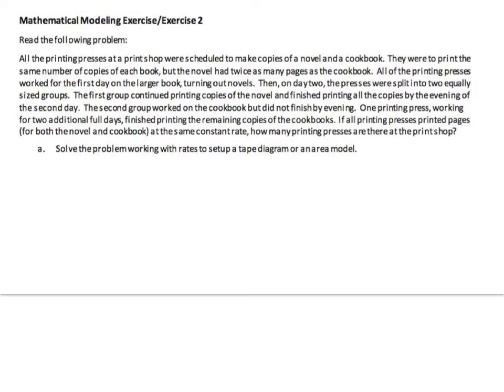The first group continued printing copies of the novel and finished printing all the copies by the evening of the second day. The second group worked on the cookbook but did not finish by evening. One printing press, working for 2 additional full days, finished printing the remaining copies of the cookbook. If all printing presses printed pages for both the novel and the cookbook at the same constant rate, how many printing presses are there at the print shop?